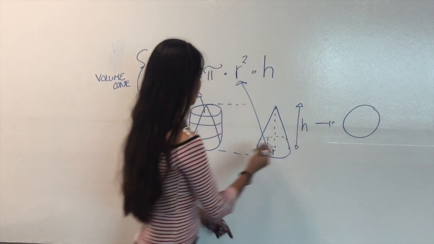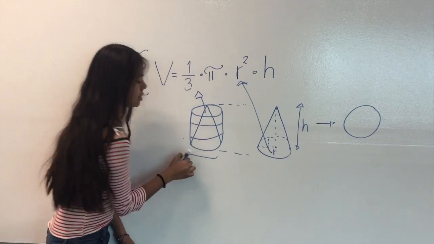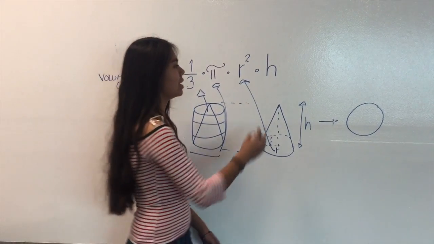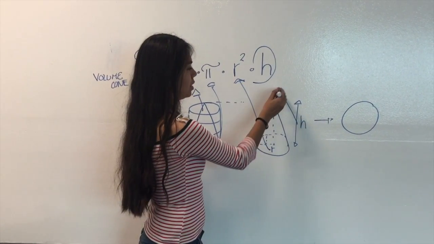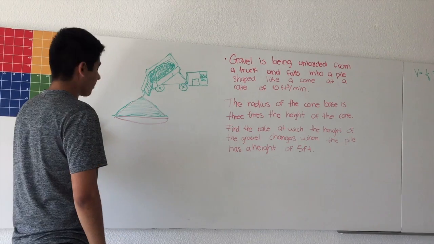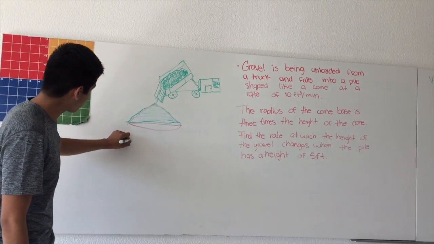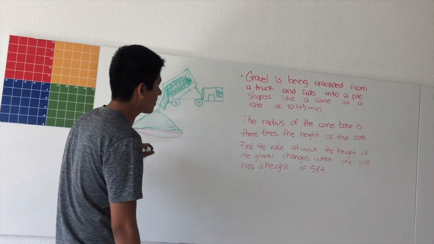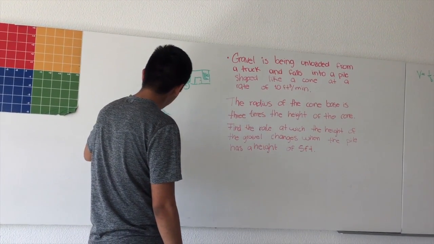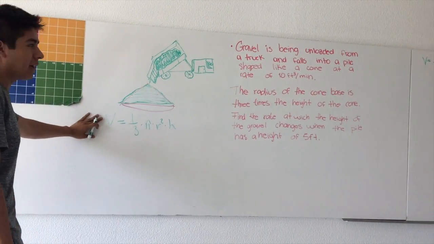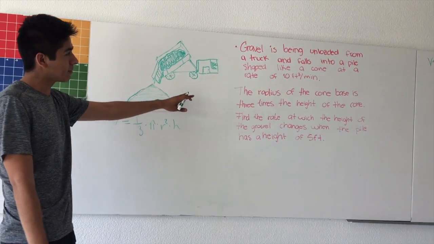Pi, because the base is like a circle, and the height. As Carol told us, the formula for the volume of a cone is 1/3 times pi times radius squared times height. So now that we have the formula, we need to get the data from the problem.